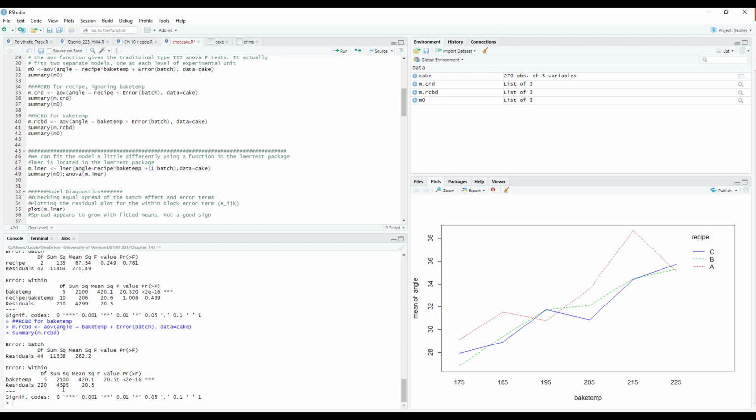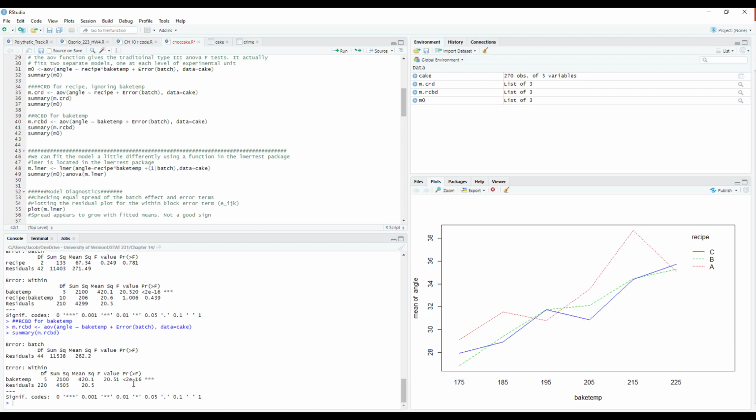What ends up happening is, since we're no longer including the interaction term between recipe and bake temperature, its degrees of freedom get added into the residuals, and the sums of squares for the bake temperature recipe interaction get added into the residuals, which changes the F value in our case a little bit, but overall the results stay the same.